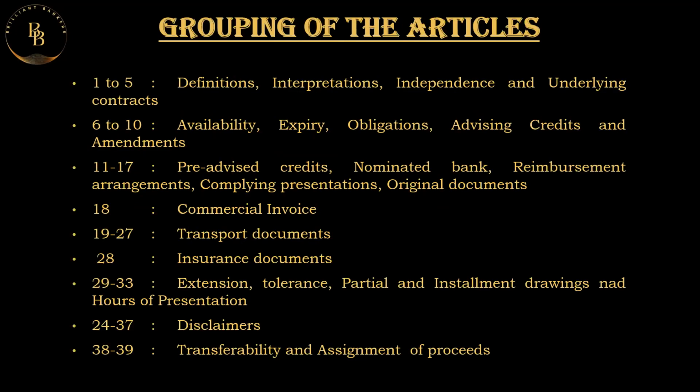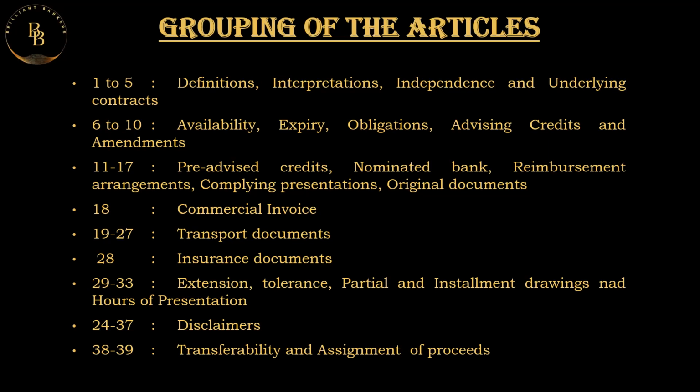Grouping of articles. How are the articles grouped in the UCP 600? Articles 1 to 5 tell about the definitions, interpretations, independence of LCs, and the underlying contracts. 6 to 10 is about the availability, expiry date and place, obligations of issuing and confirming bank, advising credits, and the amendments in the letter of credit.